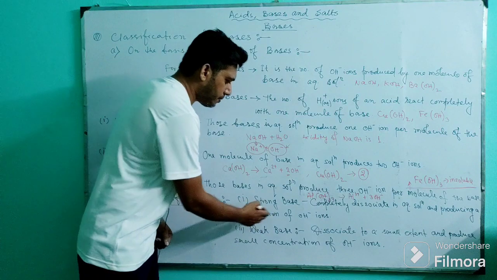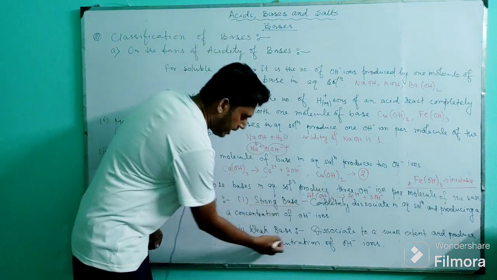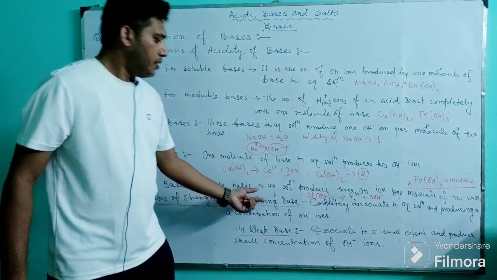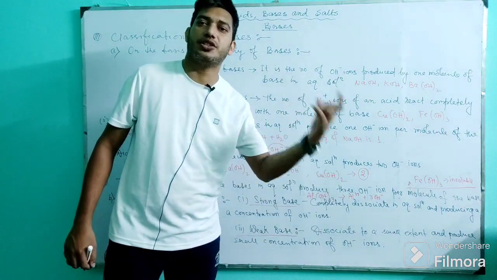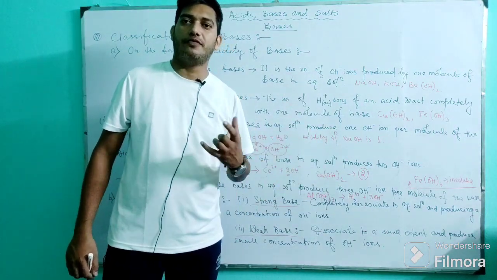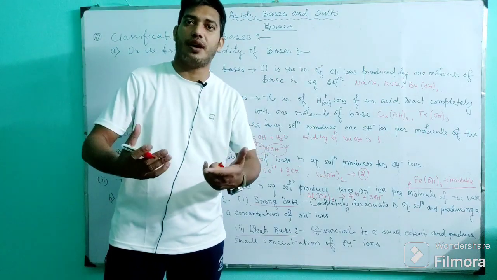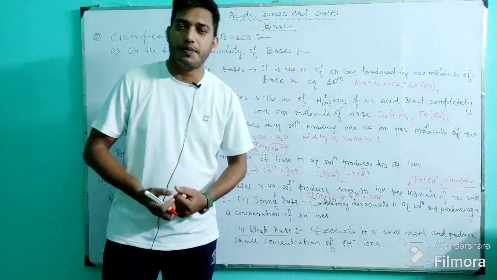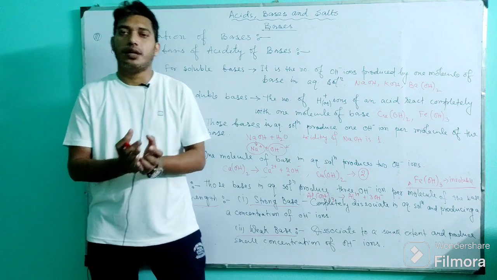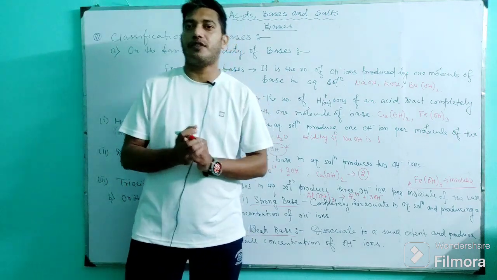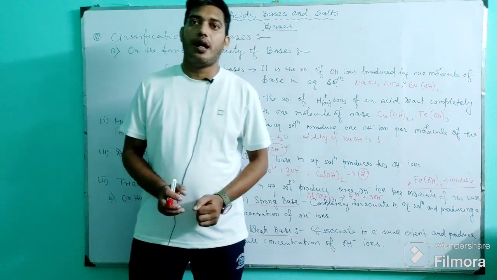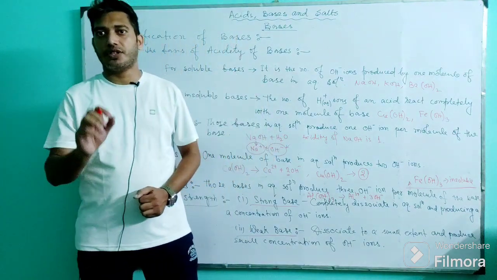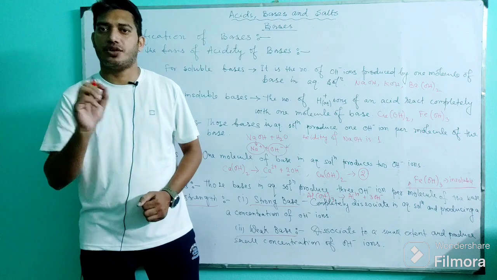There are two types of base: strong base and weak base. Strong bases are those bases which completely dissociate in water and form a high concentration of OH minus ions. Means in the solution there will be a high concentration of OH minus ions. So that solution of the base is called a strong base.